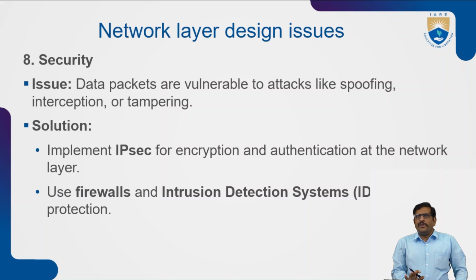Next issue, the security issue. It is a very important issue that generally arises while designing the network layer. Why? Because many networks are vulnerable. Data packets are vulnerable to attacks like spoofing, interruption, tampering, and hacking the data.